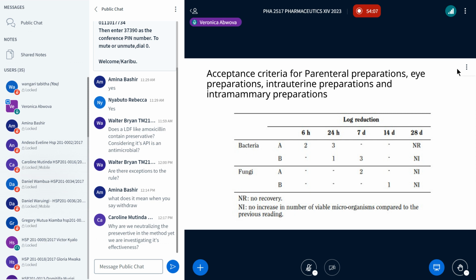If a 2 log reduction is giving you 99% reduction in the number of microorganisms, then as you go, you are reducing. By the time you are getting to 14 days, you will not have any observable microorganisms. So that when you plate, you are not able to observe microorganisms. Is that answering your question?